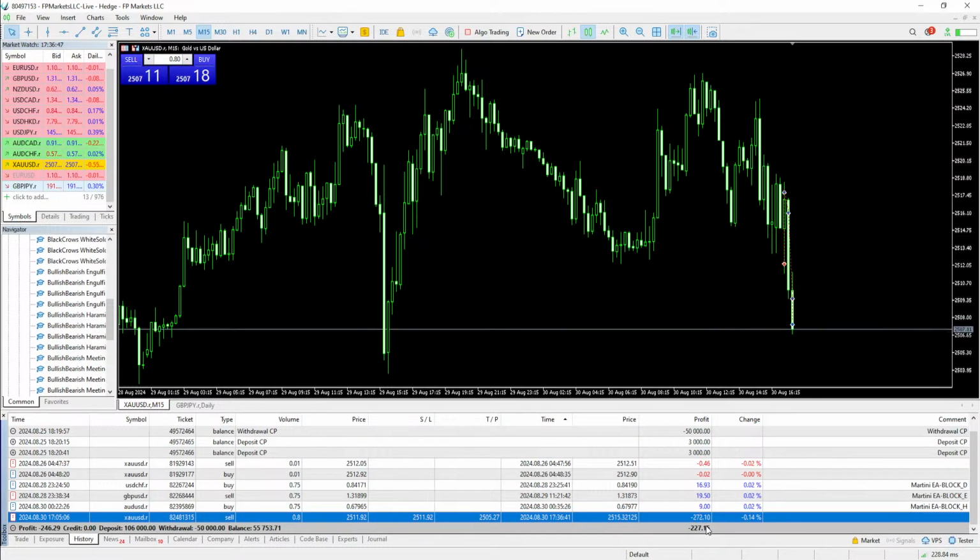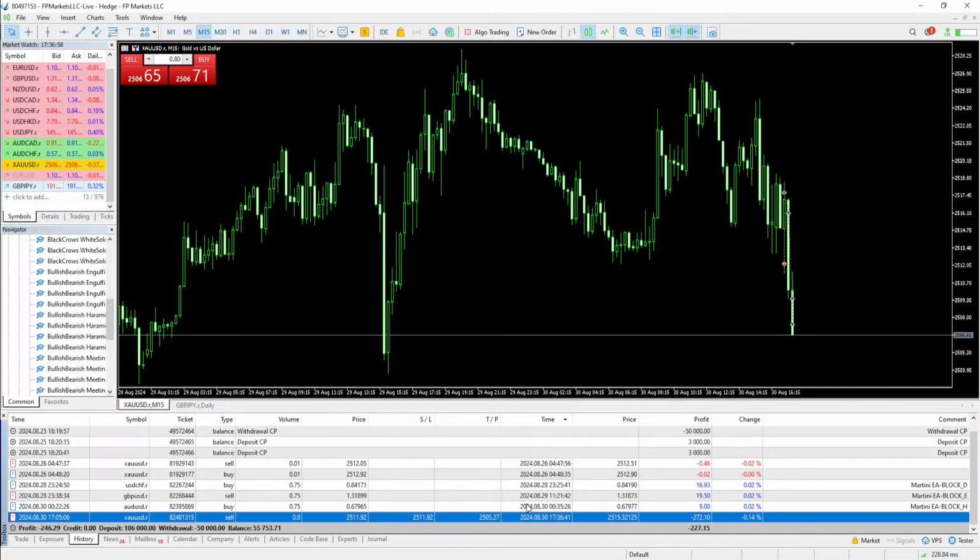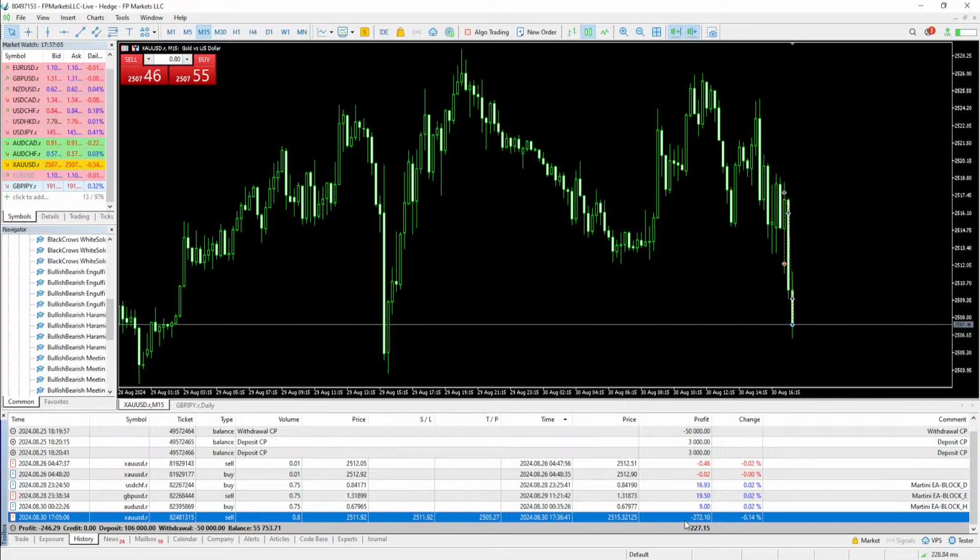So, okay, so I lost around 0.5% in this trade. So from 1%, I reduced the risk to 0.5%. So this is how you should be managing each and every trade's risk.